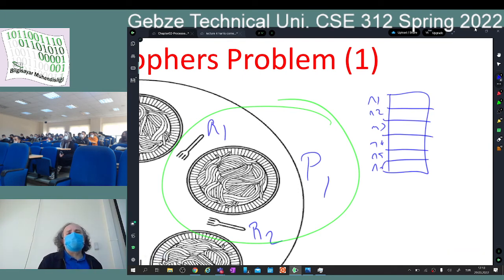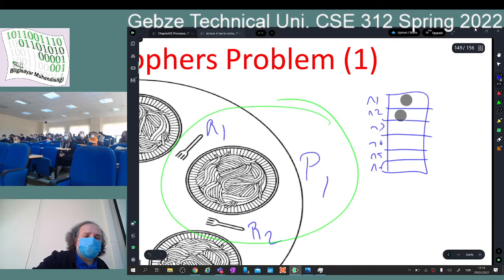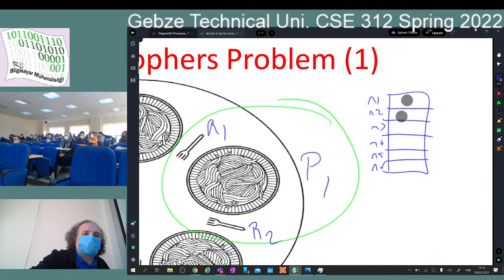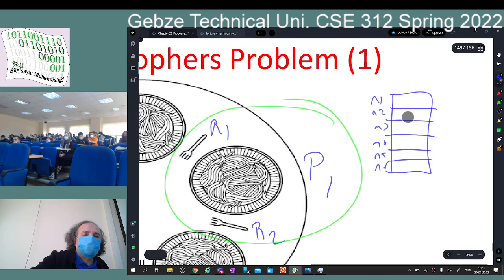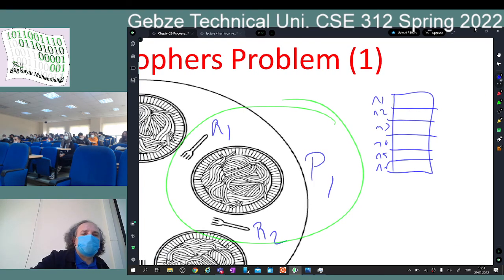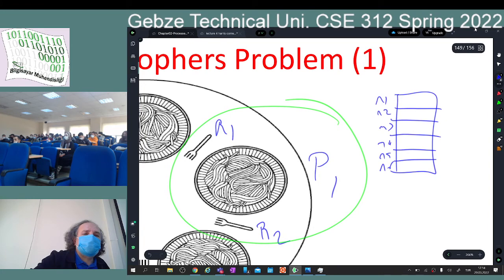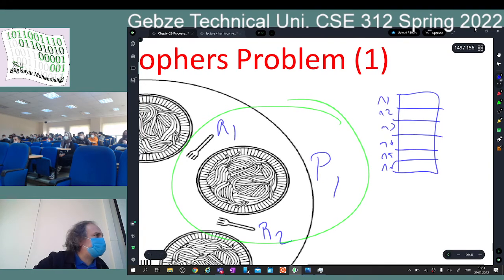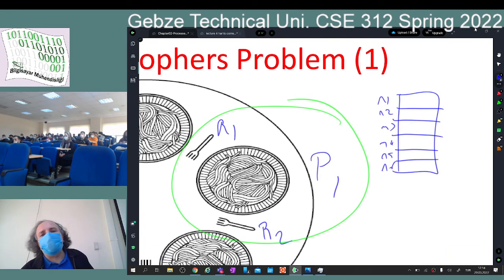Let's say the processes need to make modifications in 2 records in my database. So one needs to lock both N1 and N2. The other one needs to lock N2 and N3. This one needs to lock N3 and N4, etc. So if they need to lock those records before they use them, then they can run into this kind of problem, a deadlock problem.